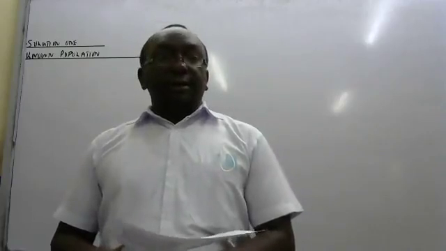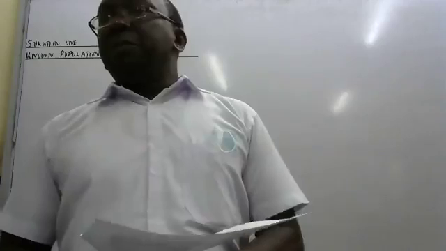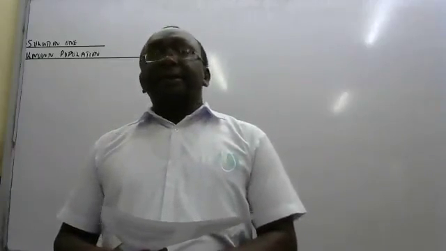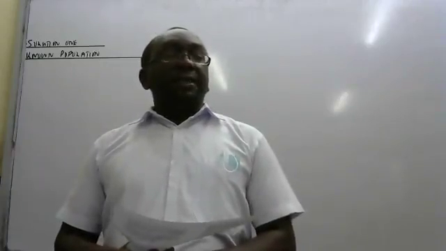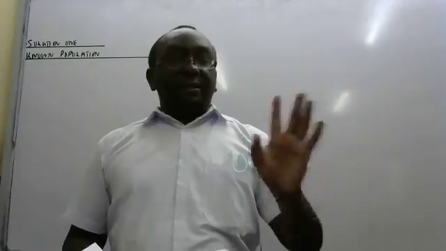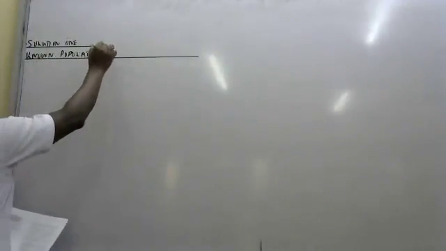Population mean. It is singular. Good. So that means there is just one mean that we're dealing with. So it's not a difference. It is single. So now you write: single mean.